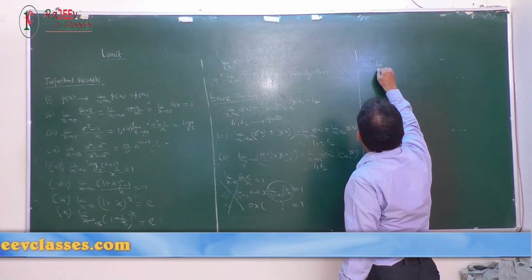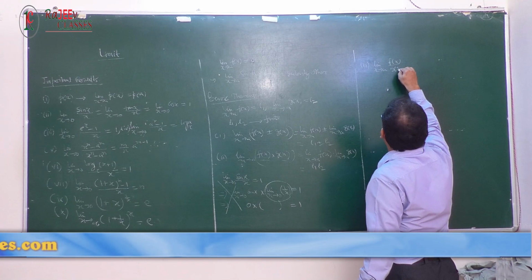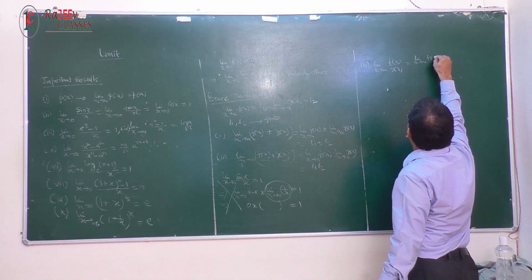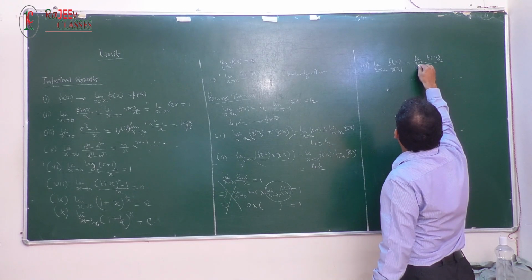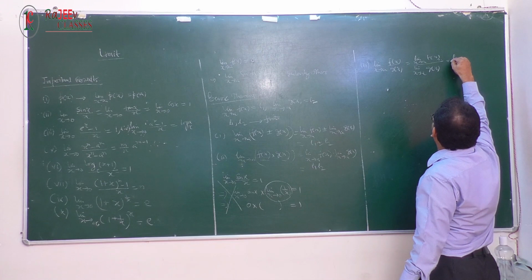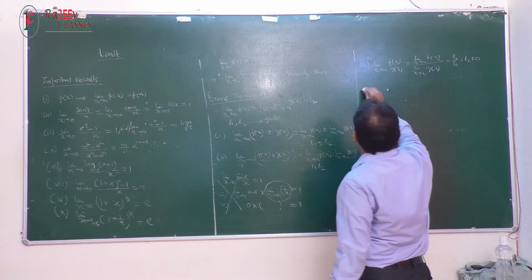Number 3: the limit as x tends to a of f(x) by g(x) is written as the limit as x tends to a of f(x) divided by the limit as x tends to a of g(x), which is equal to l1 by l2, where l2 is not equal to 0.